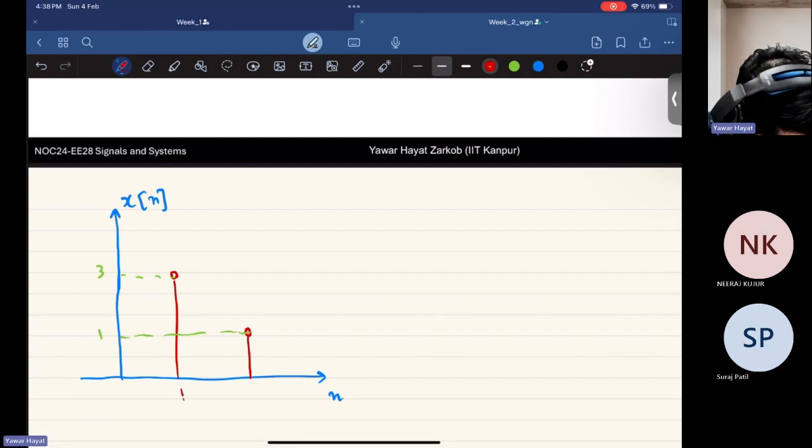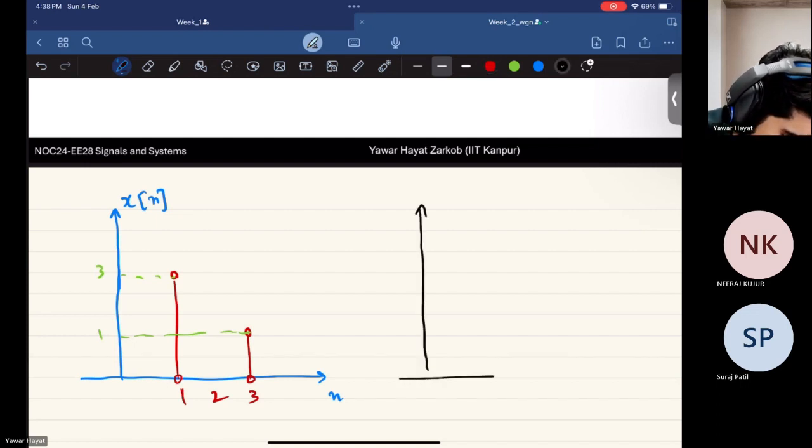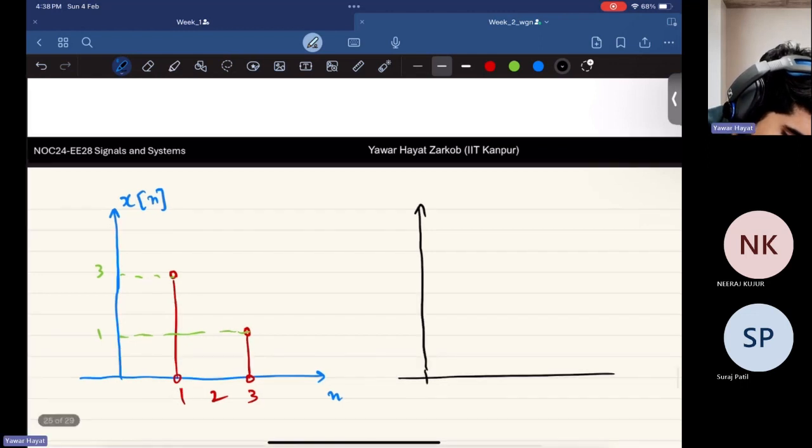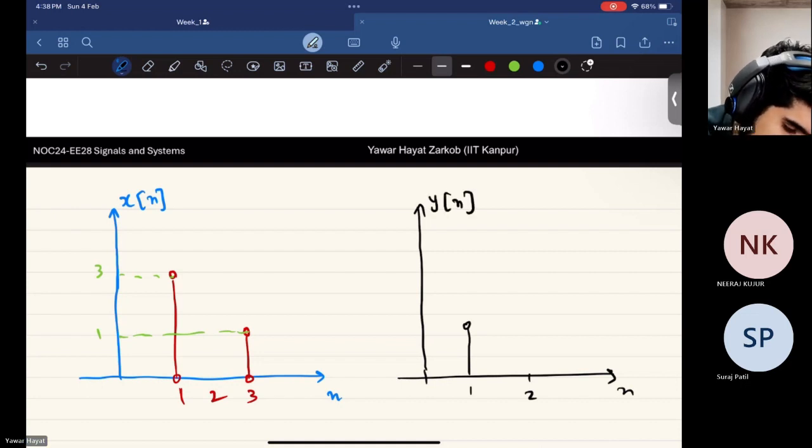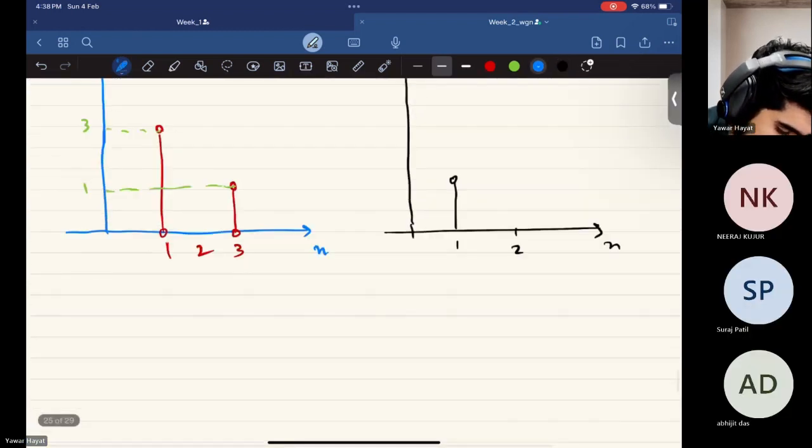The values are 1, 2, and 3. My y of n is this signal, right?